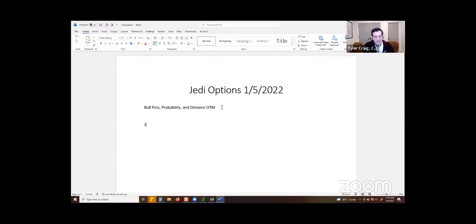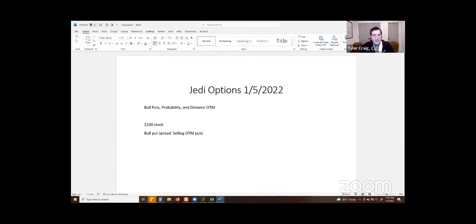Remember, let's say we have a $100 stock and I want to enter a bull put spread. Well, effectively what I'm doing is I'm selling out of the money puts, right? That is puts that are below the current stock price, in hopes that those puts stay out of the money, that they stay below the current stock price, that they expire worthless.